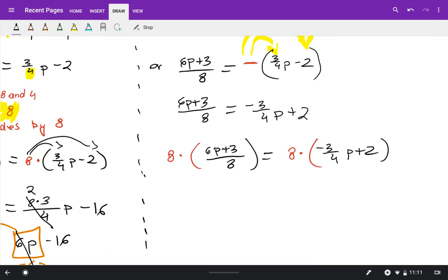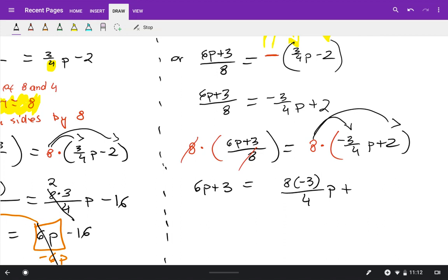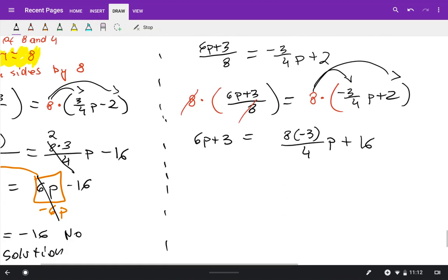Here you already know what happened from before, the 8 and 8 cancel. So you end up only with 6p plus 3 equals, and here I distribute 8 to both. We have 8 times negative 3 over 4p plus 8 times 2, which is 16.